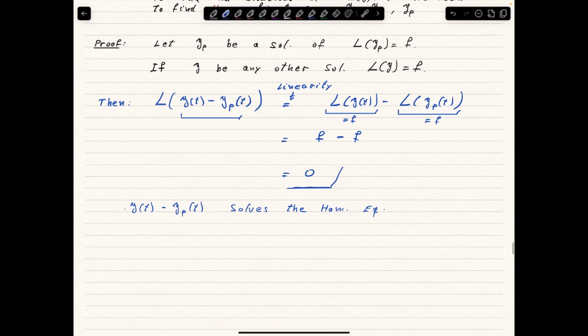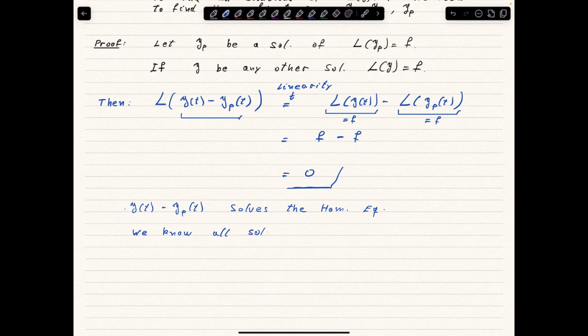But we know all the solutions to the homogeneous equations. We know all the solutions.